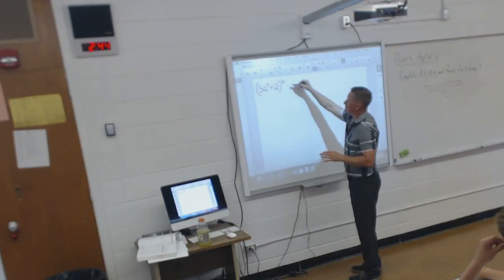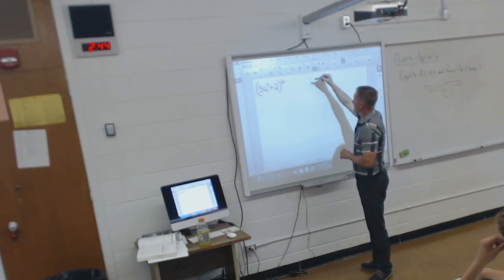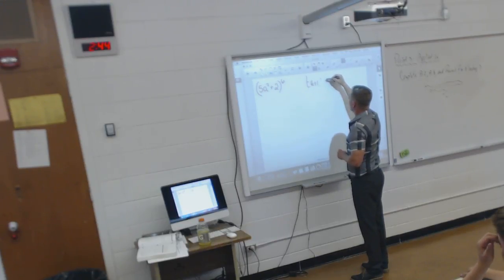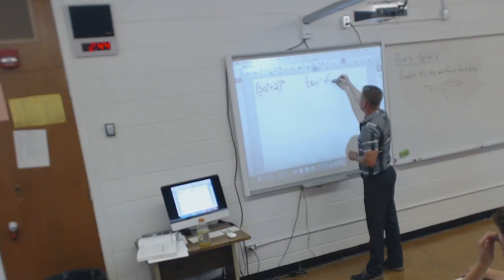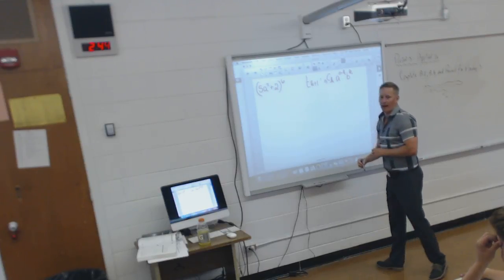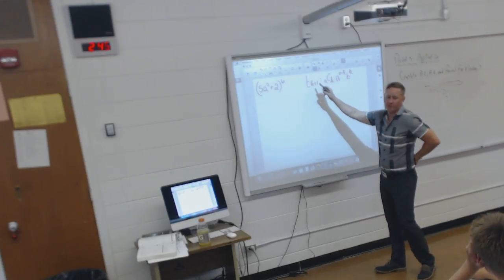I'm going to show you exactly how I want to see you do this on an exam: Tk plus 1 equals nCk a to the n minus k, b to the k. Have it down beside you, because it's on your formula sheet. It's given to you.